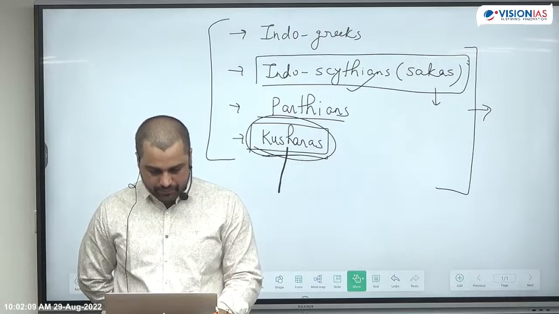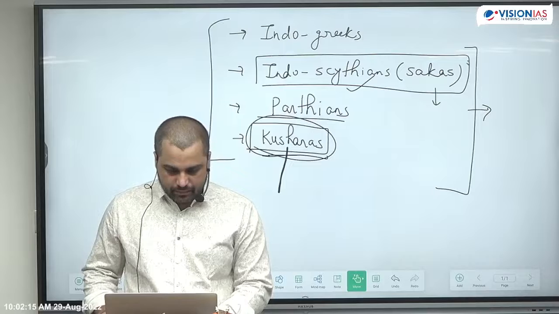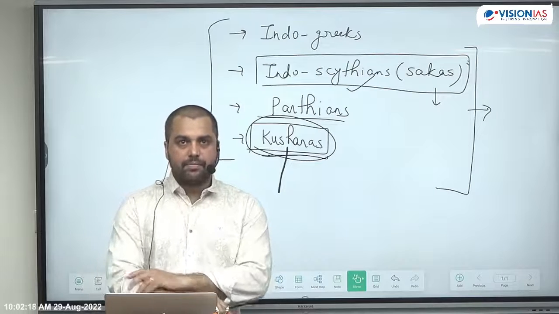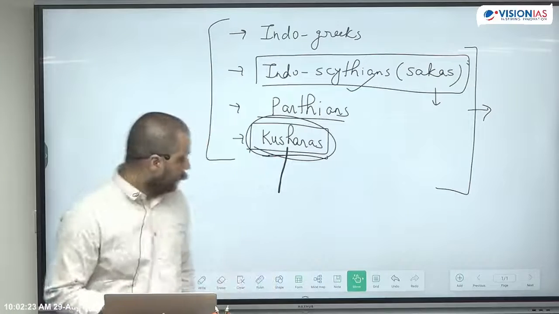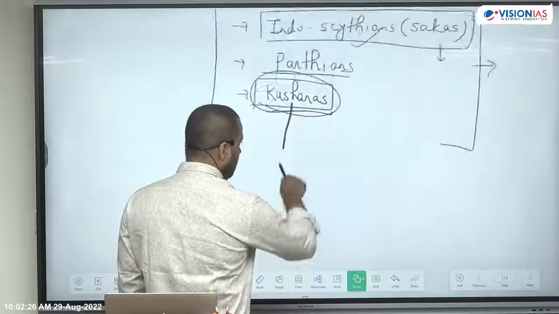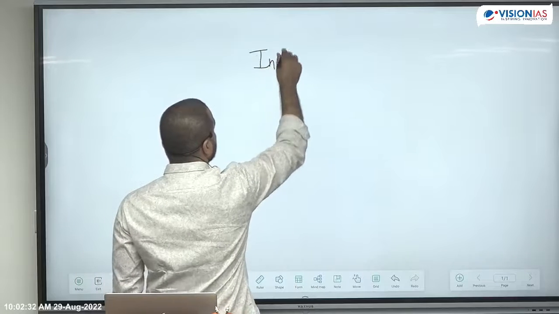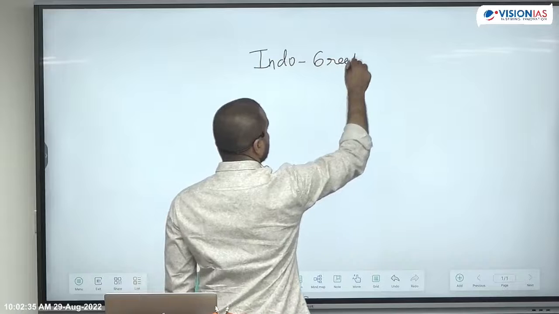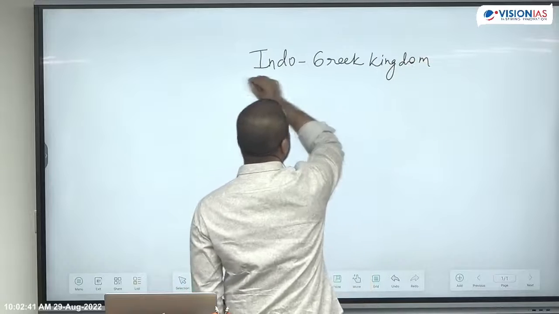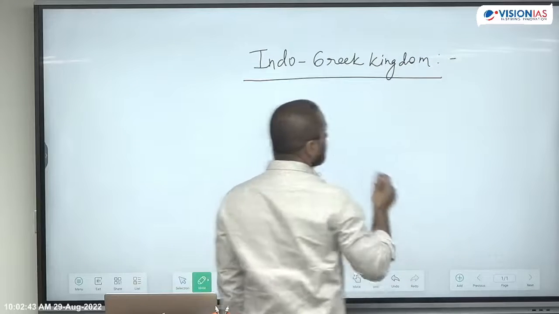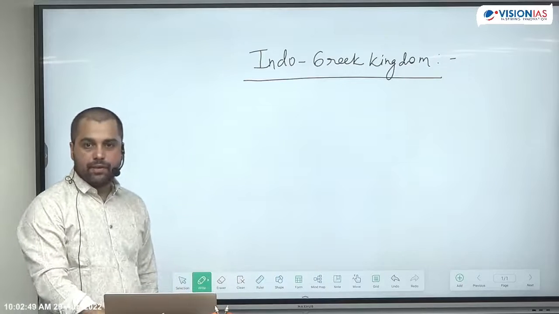Right, here you have this heading Indo-Greek kingdom. So the Indo-Greek kingdom may have ruled from about 2nd century BC to 1st century AD.